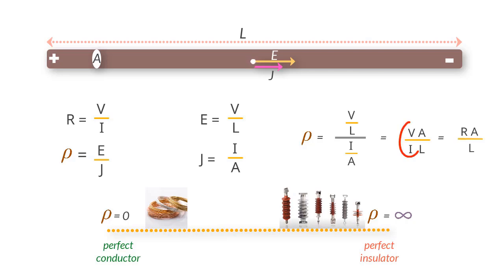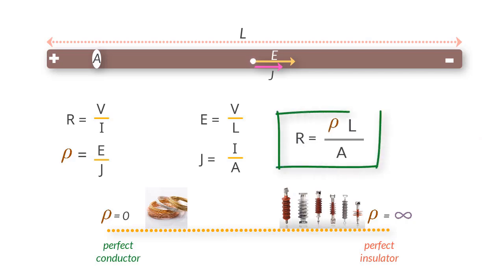But we know that V upon I is resistance of the wire. Then what we get is rho is equal to RA upon L, or R is equal to rho L upon A.